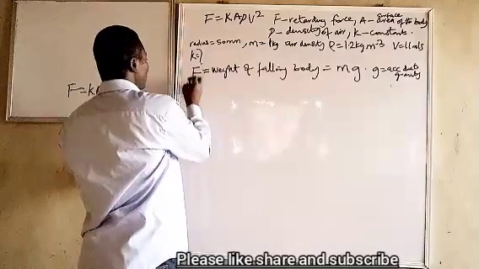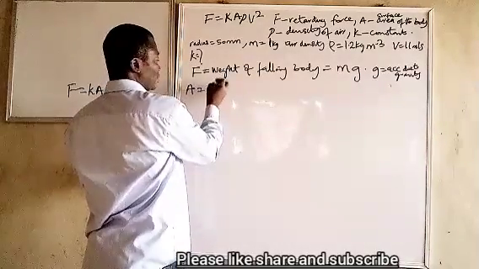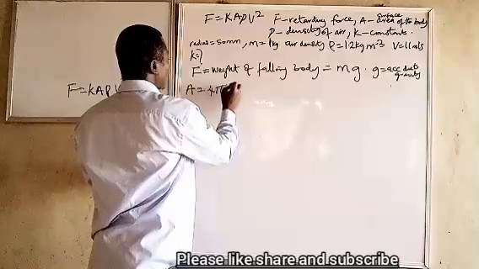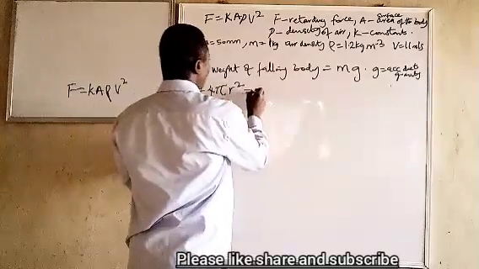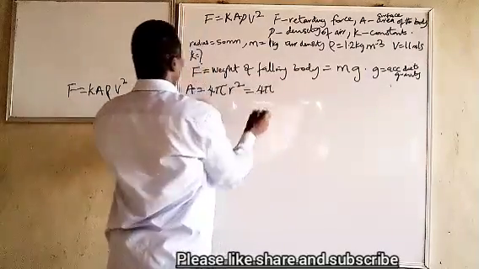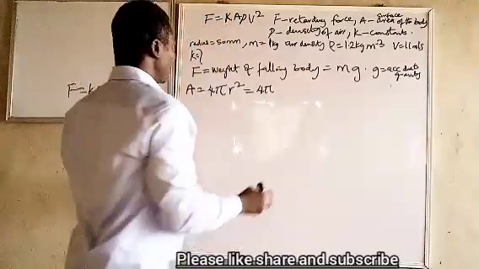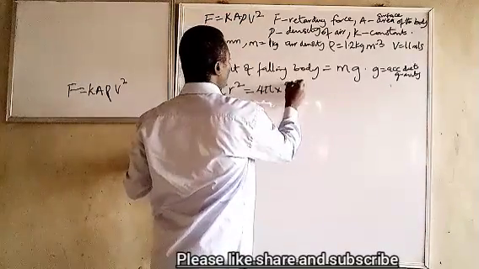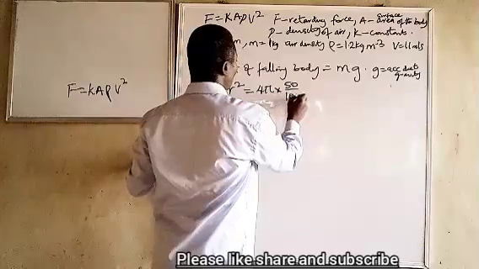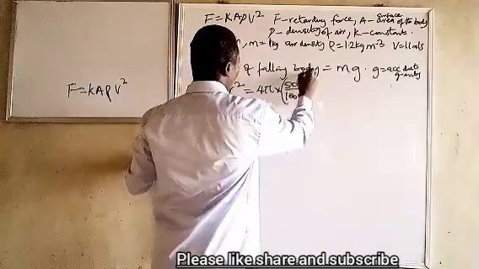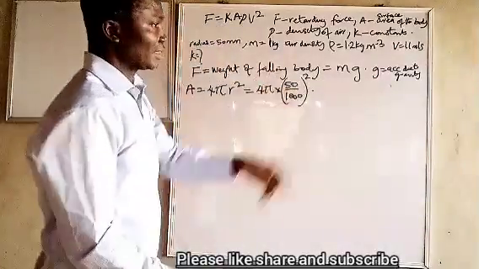We know for the sphere the area is going to be 4 pi r squared, and that's going to be 4 pi times 50 mm, which is 50 over 1000, squared.